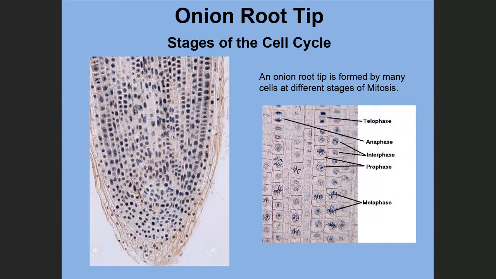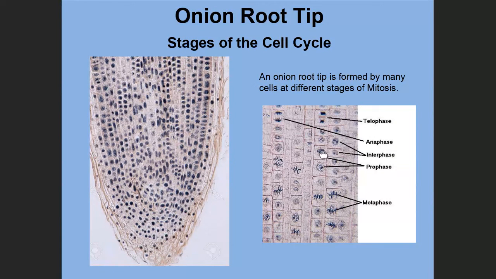Now, why am I showing you onion? Because the root is one of two places where a plant grows. It elongates, okay? What causes, in this case, an onion root tip to grow larger? It's because it's formed by cells that are all dividing.